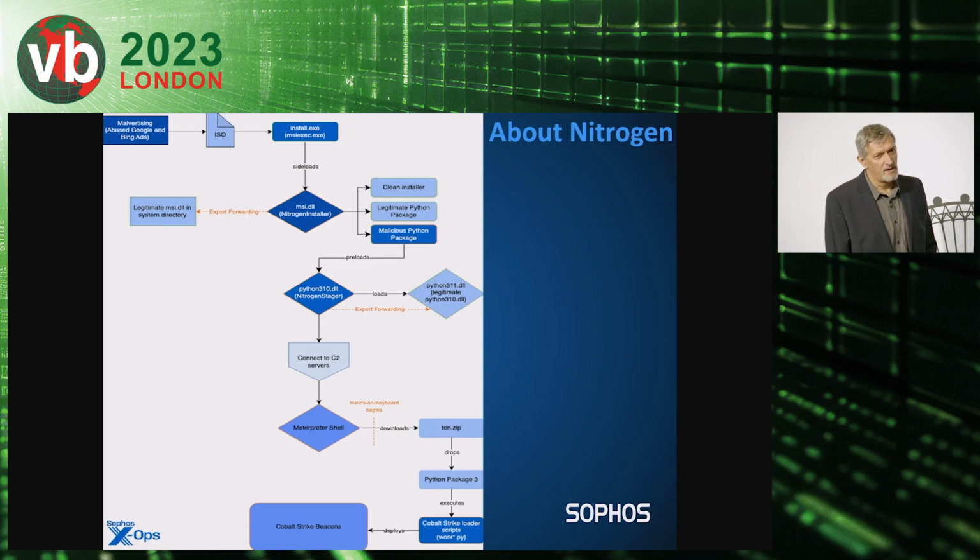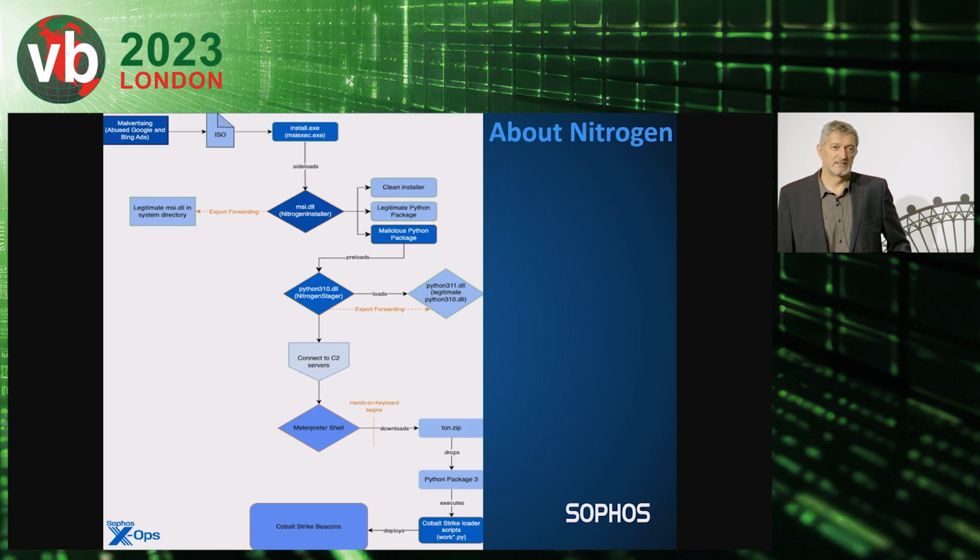From this on, in a couple of cases, we could observe hands-on activities by the threat actors, where they were manually executing commands. They were downloading a third Python package, and they installed on the system, downloaded and executed Python installation scripts that at the end created and installed Cobalt Strike Beacon components on the system.